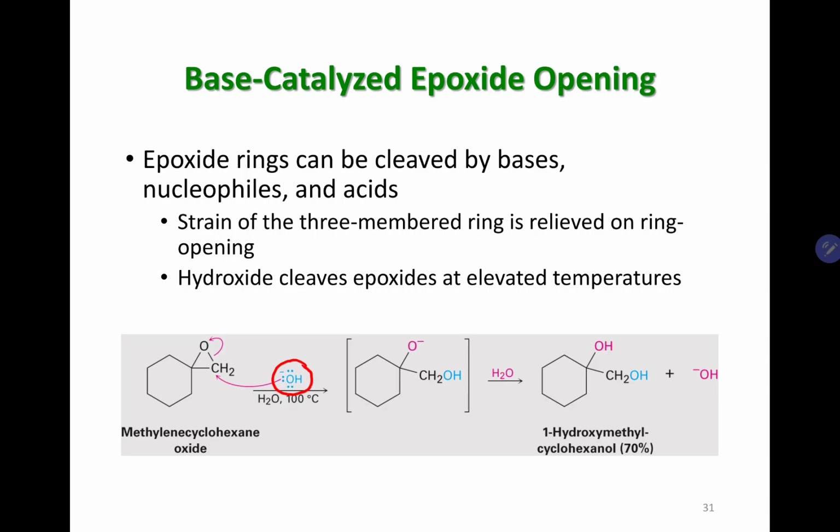You can actually use a strong nucleophile and achieve the same results. Usually the base attacks the less crowded carbon. You might want to write that down: base attacks the less crowded carbon.